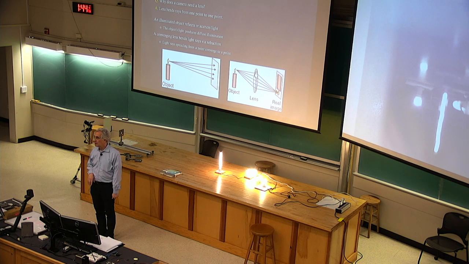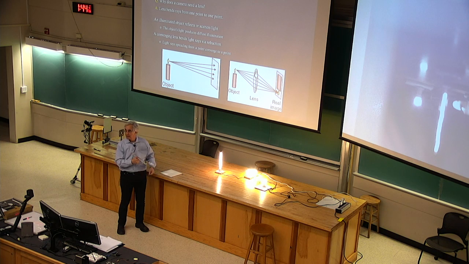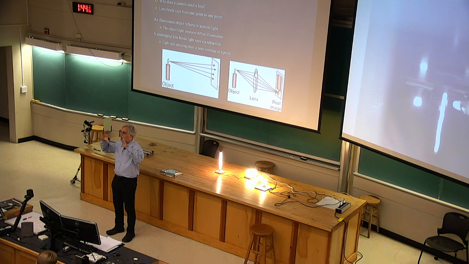So far, so good? A key difference is the natural lens that you all have. It's like this, but there are muscles around the outside that can change the diameter, in effect. And as they change the diameter of a flexible object, you can't just shrink it and have nothing happen.